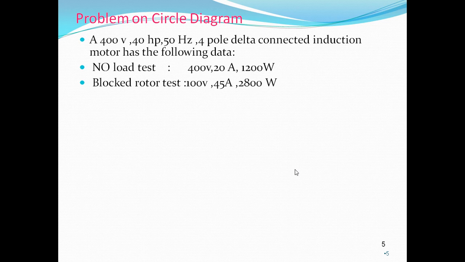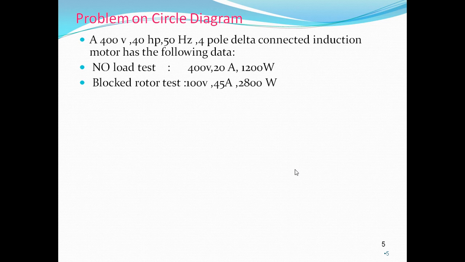In a transformer, we short circuit the secondary, but in the case of an induction motor, we block the rotor using a belt.